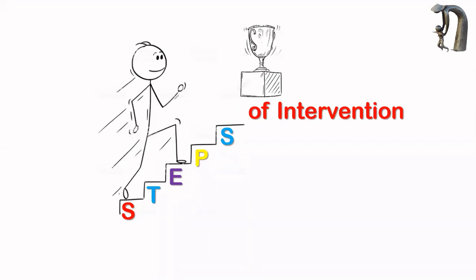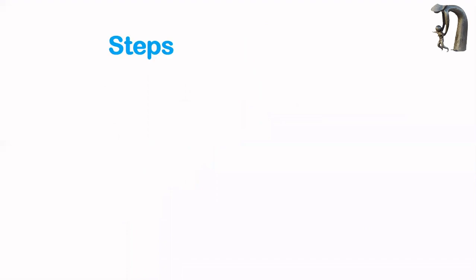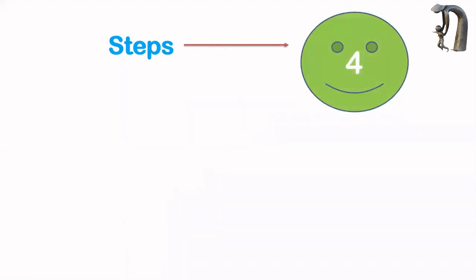Okay, so we're going to discuss the steps of intervention. In this, we are going to discuss four steps, or four stages, of intervention. Let us see one by one what those four steps are, and then we will discuss in detail.